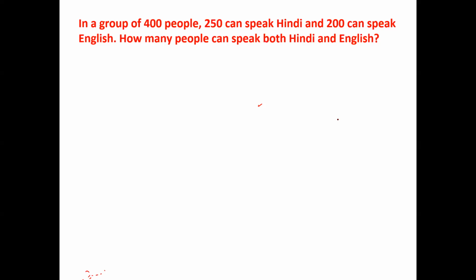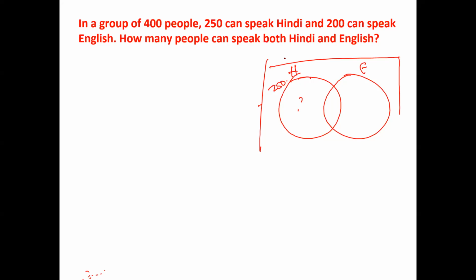Please note that in a Venn diagram, if I write a number outside, it means generally if they speak Hindi, they can speak some other language also. But if I write here, it means only Hindi. They speak only Hindi. Hindi, English. So totally it is 400. So 250 can speak Hindi, 200 can speak English. How many speak both?